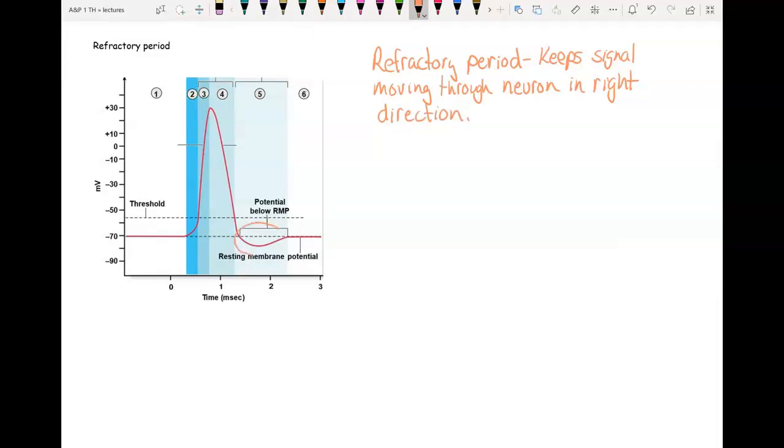Right here, step 5, while you are hyperpolarized, is when the refractory period occurs. During this time, when it is hyperpolarized, you can't open sodium gates. And so if you can't open sodium gates, you can't depolarize and have an action potential.